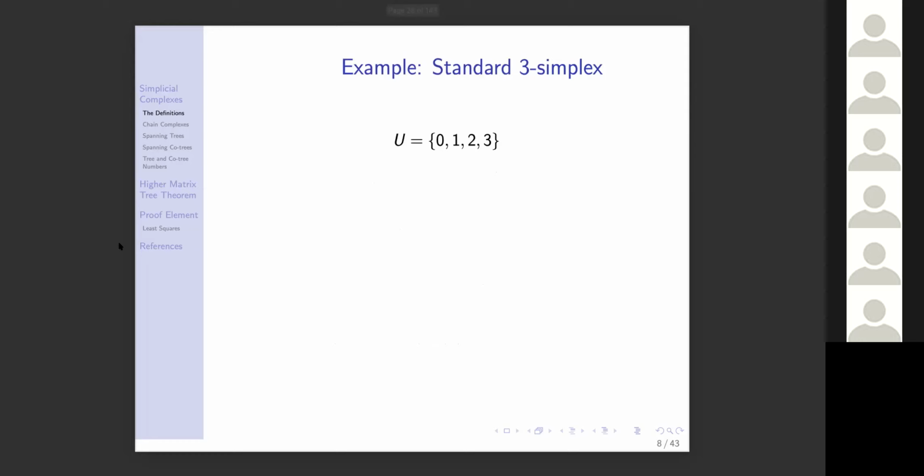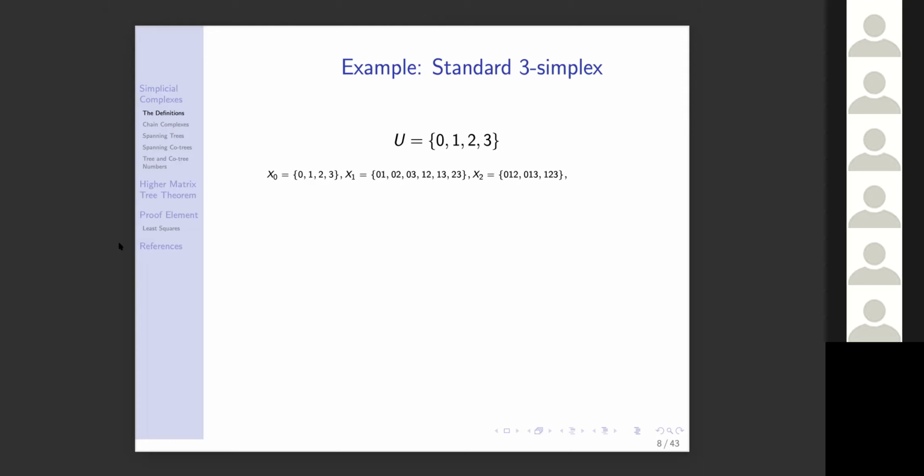So here's the standard 3 simplex. The set of vertices are the set of subsets of cardinality 1. I've listed them there. The set of 1 simplices are the set of subsets of cardinality 2. So when I write 0, 1, I mean the set consisting of 0 and 1. So there are exactly 6 edges, or 6 1 simplices.